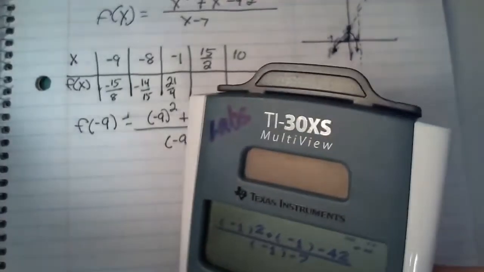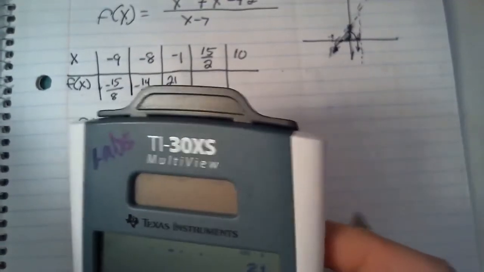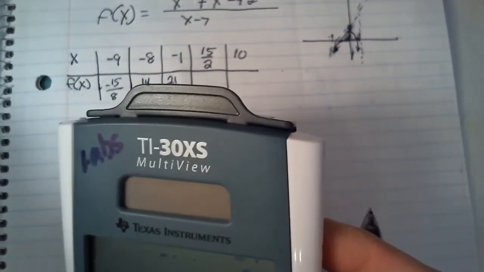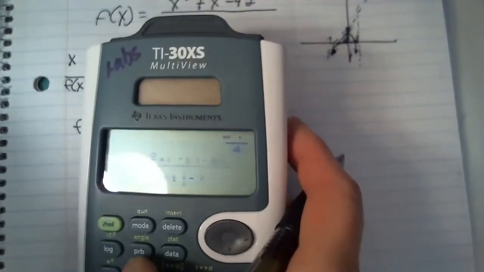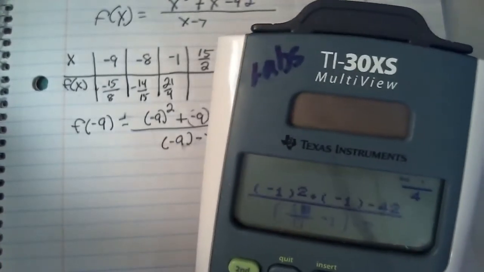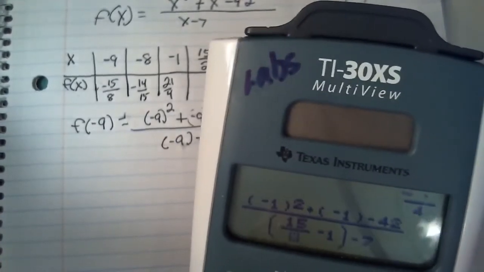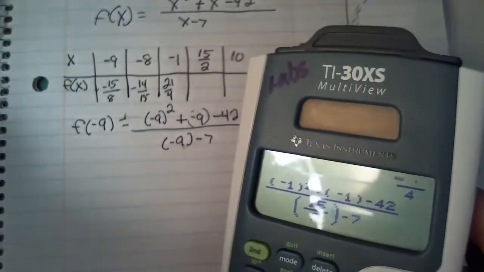And now I'm going to go up and I'm going to put a fraction. This takes a little bit more work because I have to put my fraction. I'm going to put my fraction key, and I'm going to put 15/2. So I have 15 divided by 2, and I am subtracting. I'm going to have to delete that negative there, delete that 1, minus 7.